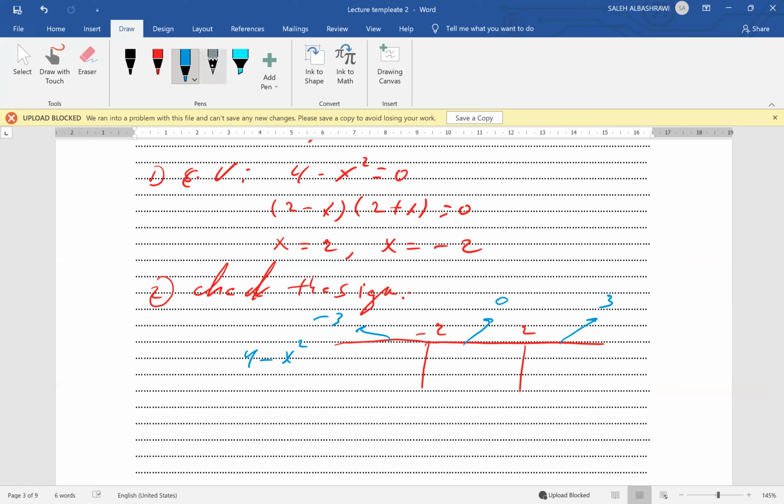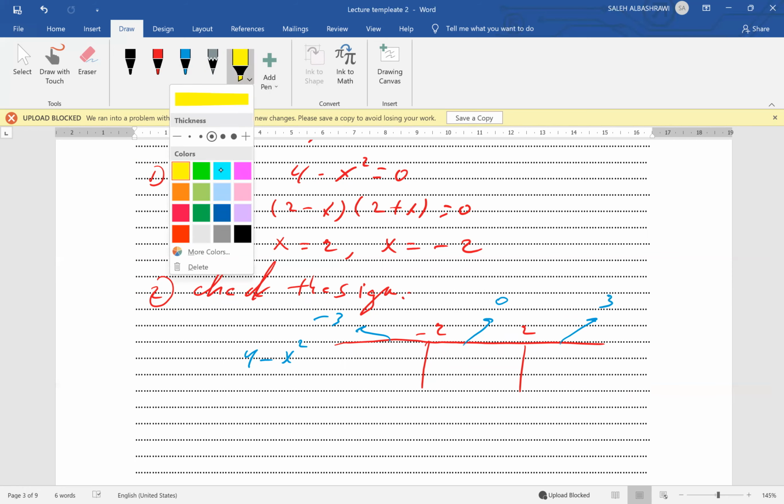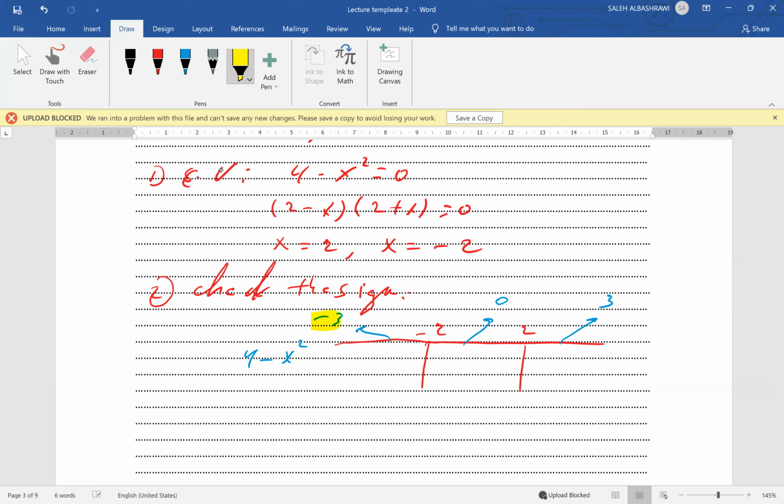Now, if we replace x by minus 3, 4 minus 9 is minus 5, I will have a negative sign. If I choose 0, I will have 4, which is positive. If it is 3, I will have negative.